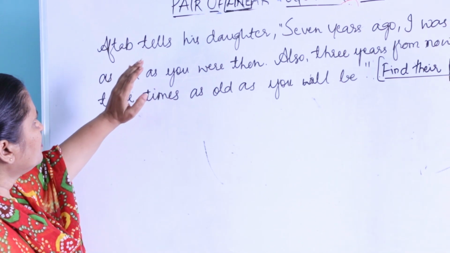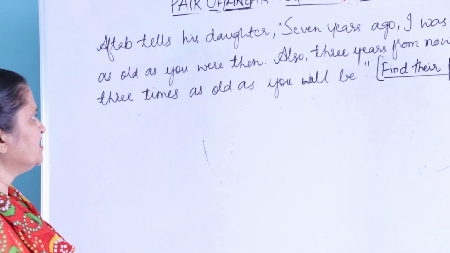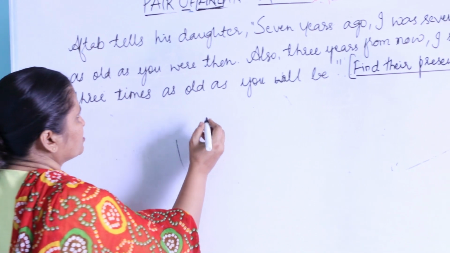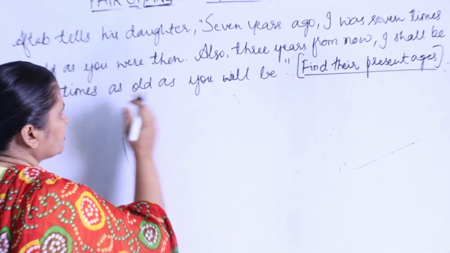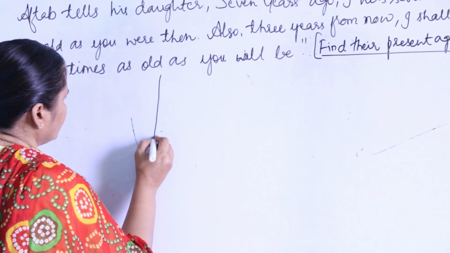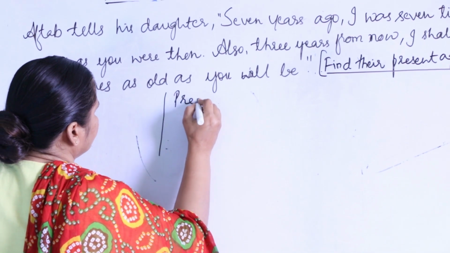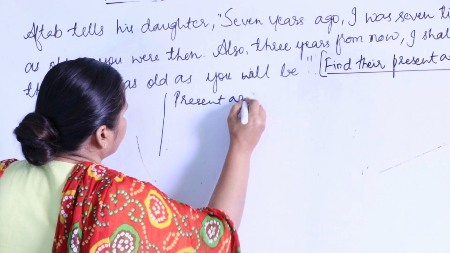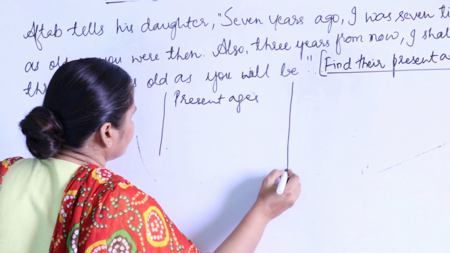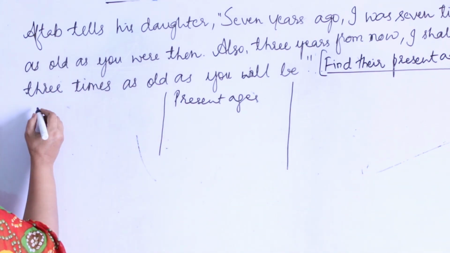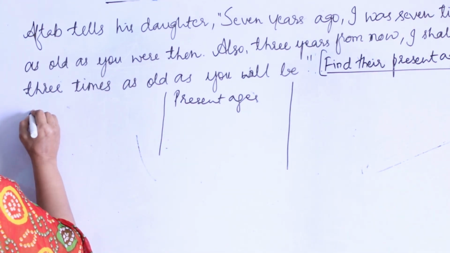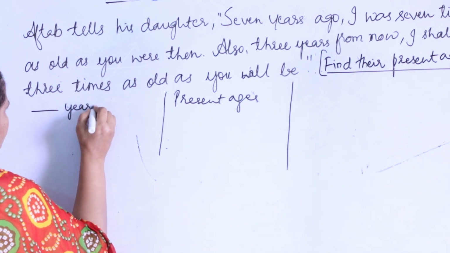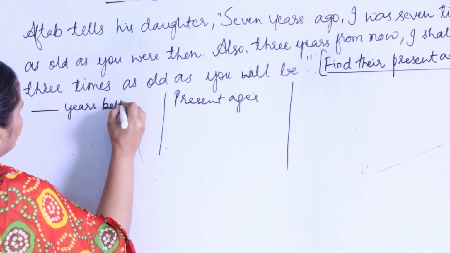Now, out of this situation, we have to get two equations. Whenever there is a problem related to ages like this, use this method, which is going to be very easy. First, make 3 columns. This is present age, present ages of both. And then dash years before.